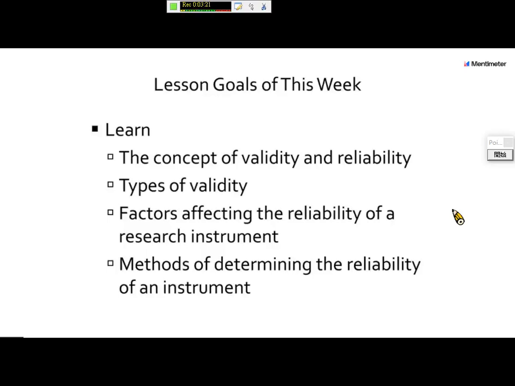If you are using an invalid research instrument to collect data, then any data analysis based on this invalid data will be invalid, which means you have no research at all, right? For example, I want to investigate the average height of the students here, right?